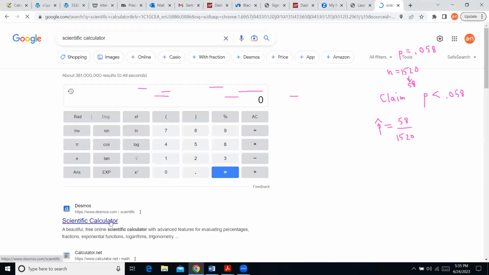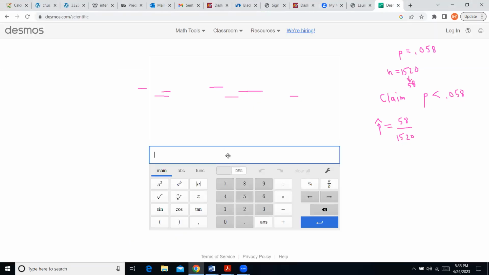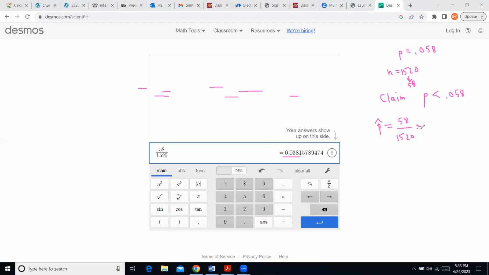The first choice, decimals. So we got 58 divided by 1,520. I guess it's convenient to work with the actual decimal rather than that nasty looking fraction.